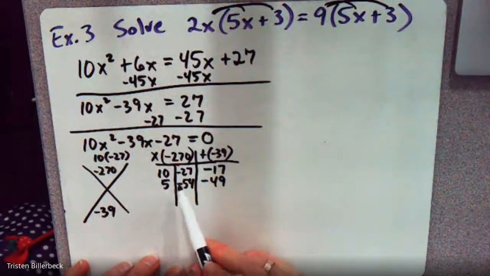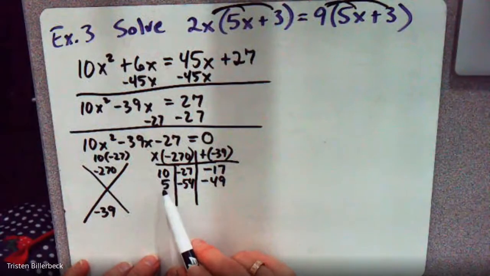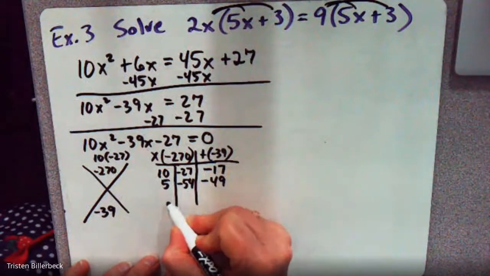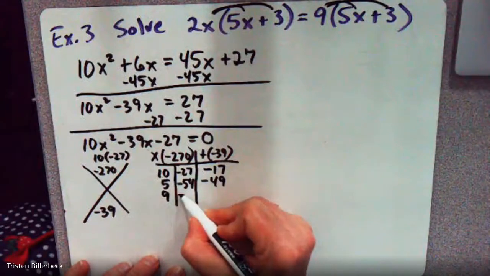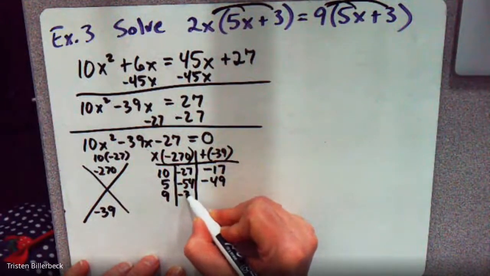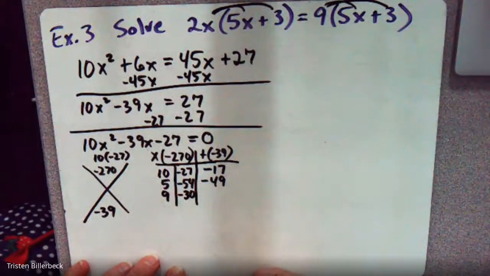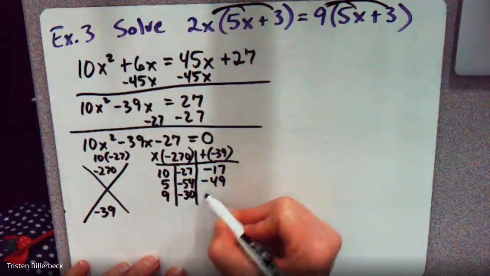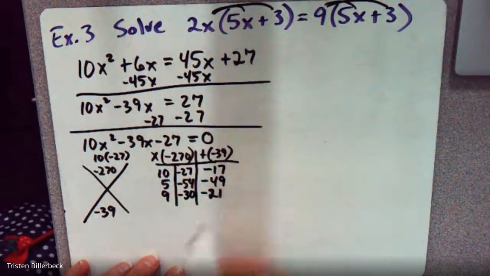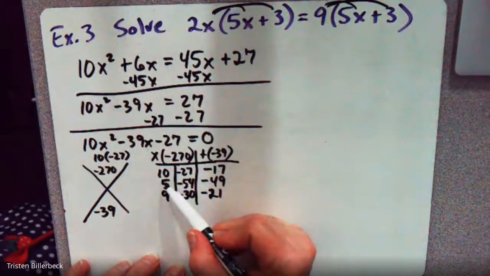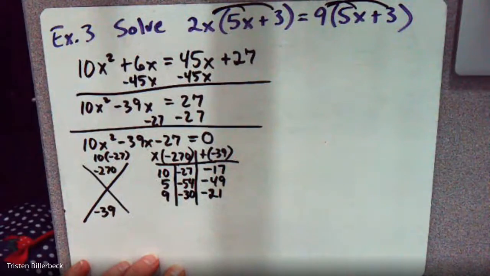So let's see. I have 5. What do I have in between? I have 9. So let's try 9. And that gives me 9 and negative 30. Okay, so that gives me negative 21. I'm not getting very close. I need to be between 5 and 9 now.